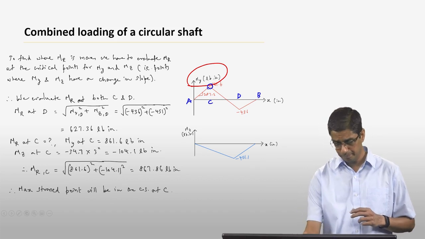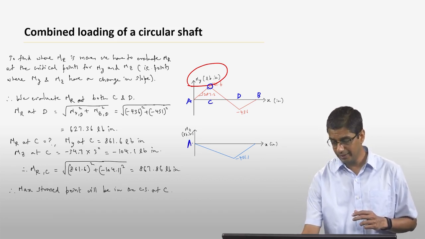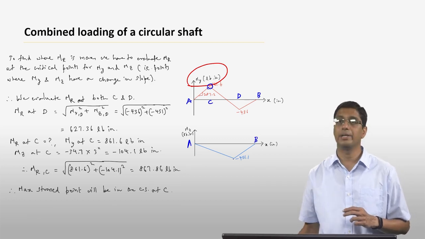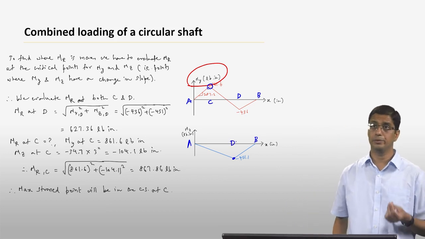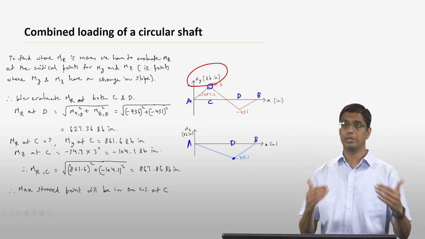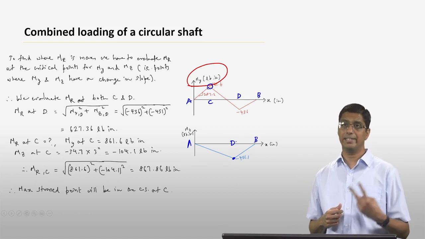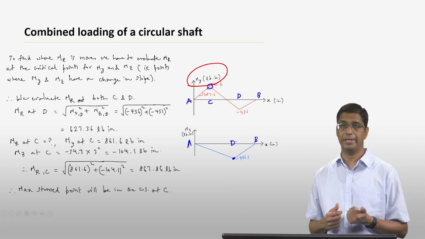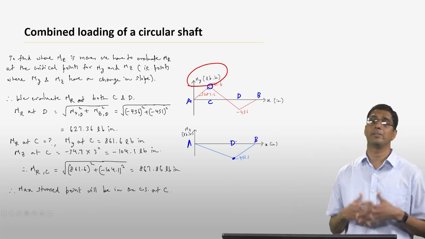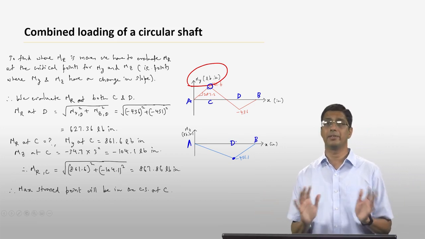Similarly, if you look at the bending moment diagram for the z direction, you have 1 point here, point D, where you have a change in slope. So if you look at both My and Mz, we essentially have 2 critical points where you have to evaluate MR, which are point C and point D. Those are the 2 points where you can have the maximum MR in this particular case. There is no other point that we have to really look at.